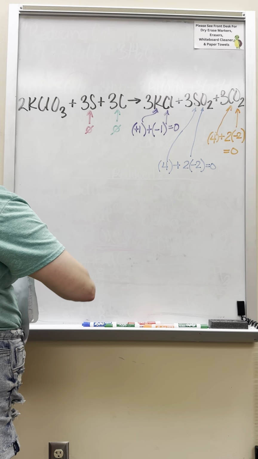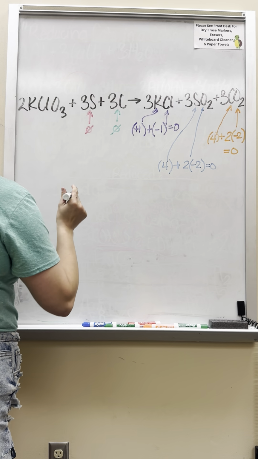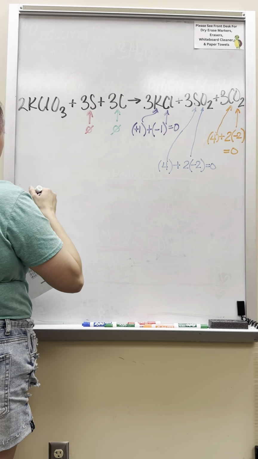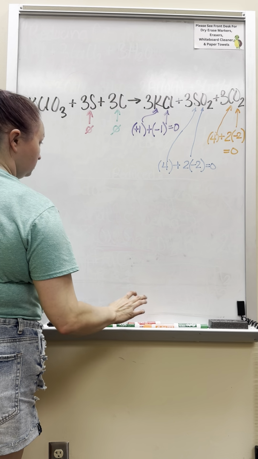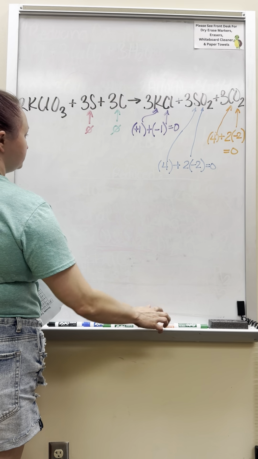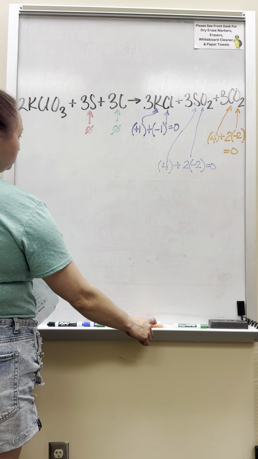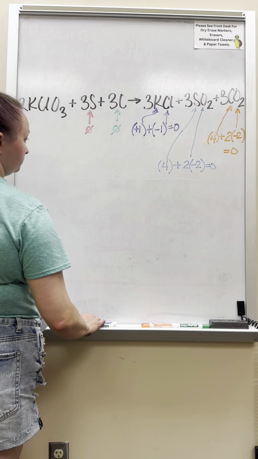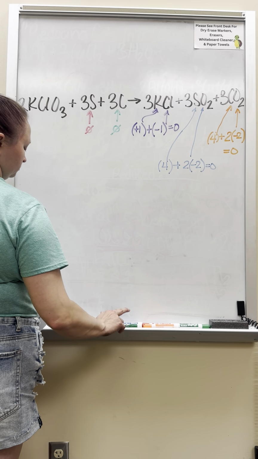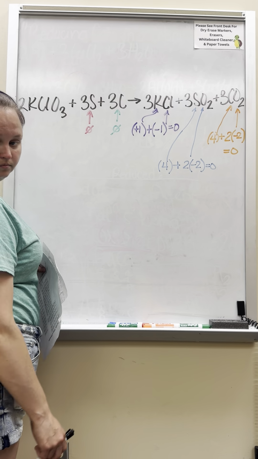Wiley, you need to go sit down. Sit your booty down. All right, what color have we not used yet? Green, orange, green, red, blue. I guess we've used all of them.